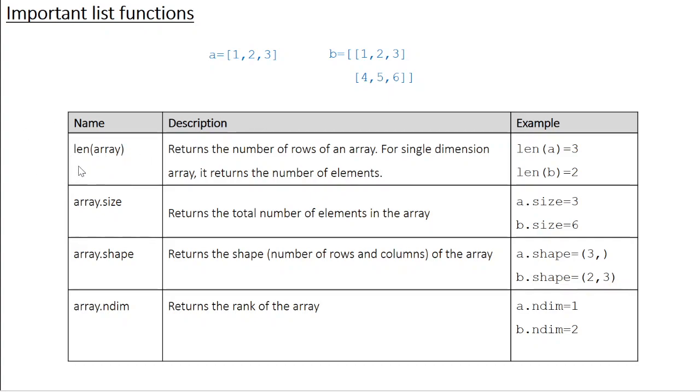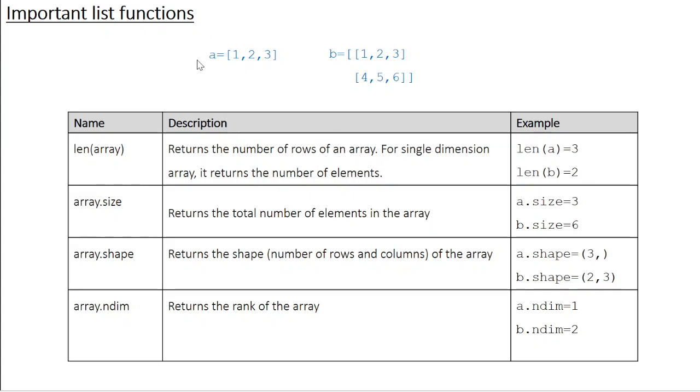We are familiar with the len function from strings. It basically finds out the number of elements. In the case of a single-dimensional array, it returns the number of elements. In the case of a two-dimensional or multi-dimensional array, it returns the number of rows of the array.